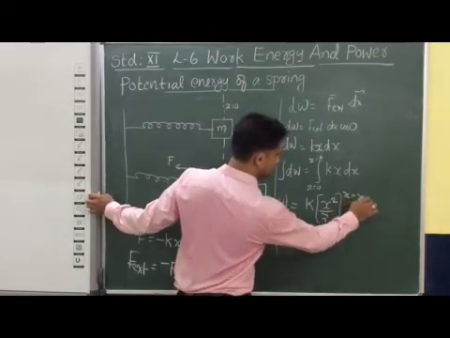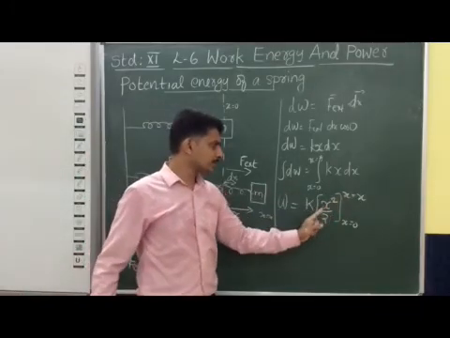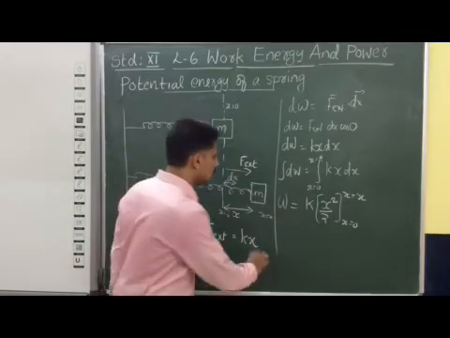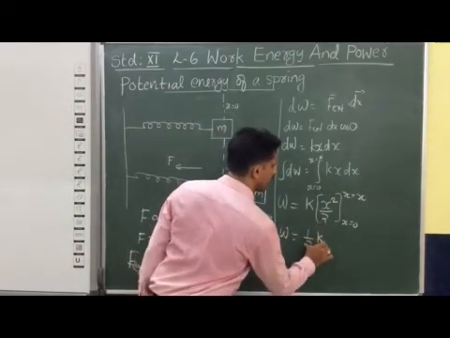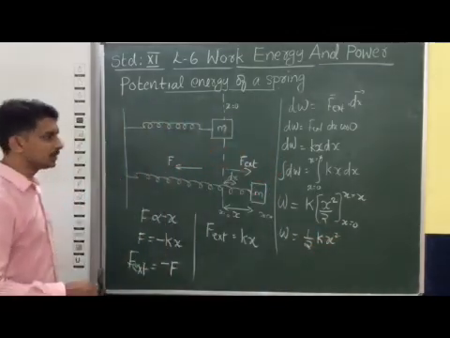Substituting the upper limit gives x square by 2, and the lower limit is 0. So the work done is half k x square.